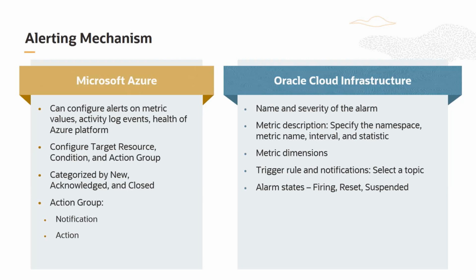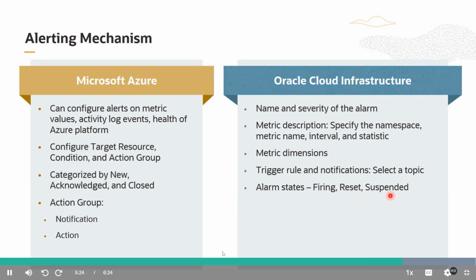You also specify metric dimensions to filter the metric data, and you specify the trigger rule, which is the condition for putting the alarm in firing state. You also define the notifications using the topic functionality. There are three different states for alarms: firing when it is triggered, reset when you reset it back, and suspended if it is in a suspended state.